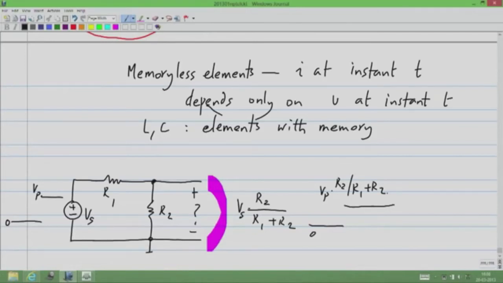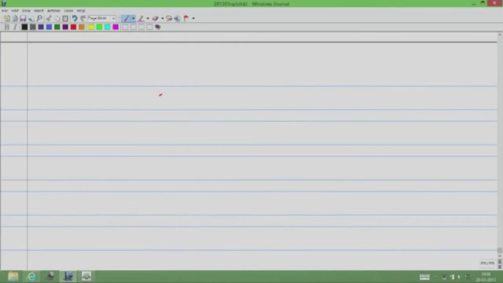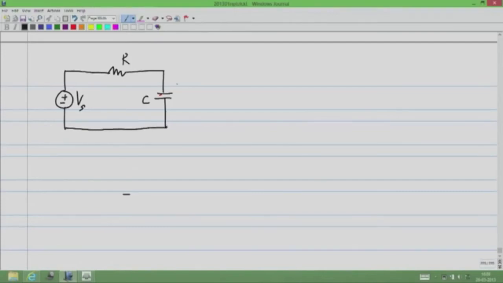Okay, now let's say we do something. We have Vs and I replace R2 with a capacitor and I have R and C. Okay, what happens in this case?